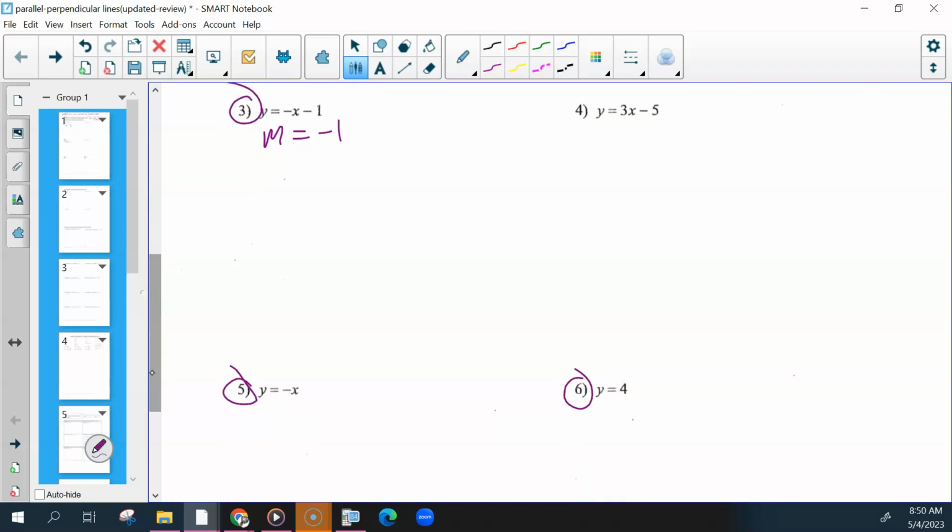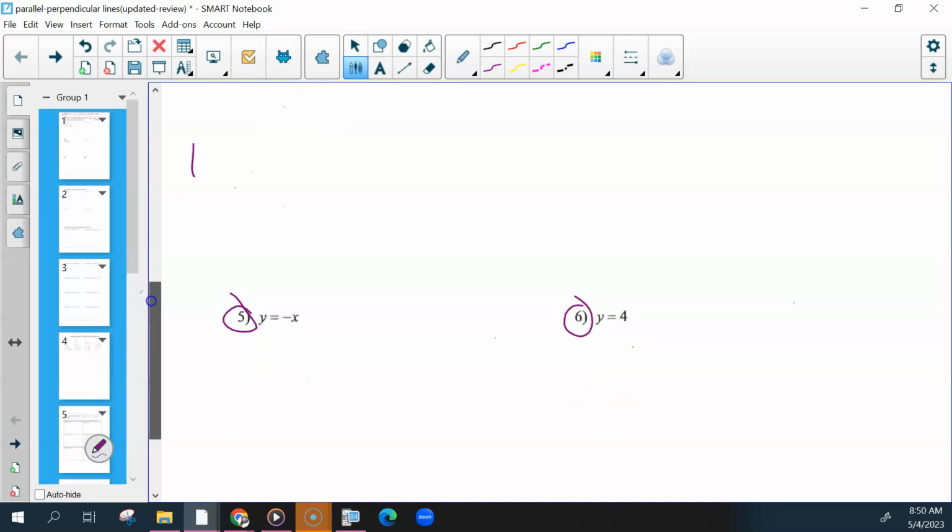5 and 6, we have to remember our horizontal and vertical lines. I'm going to write the opposite side. Horizontal lines have 0 slope and are y equals.